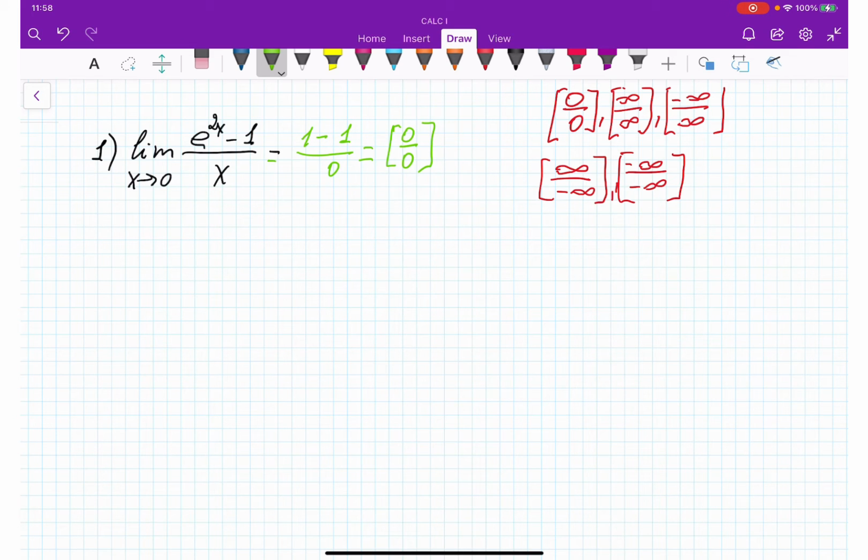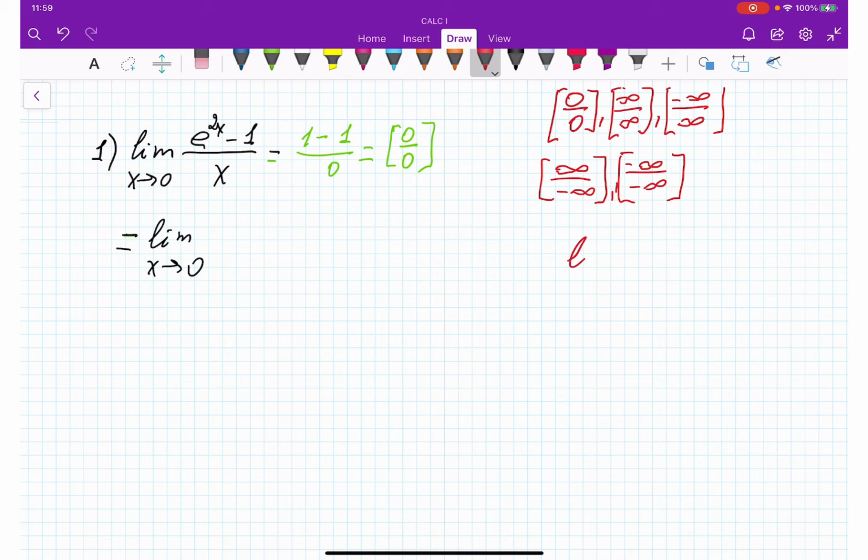So which means, what is interesting here in L'Hopital's rule, let me write down the limit itself.